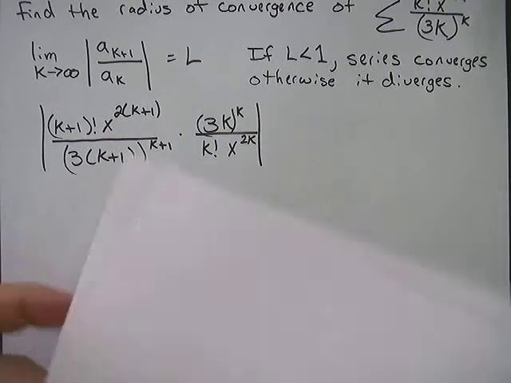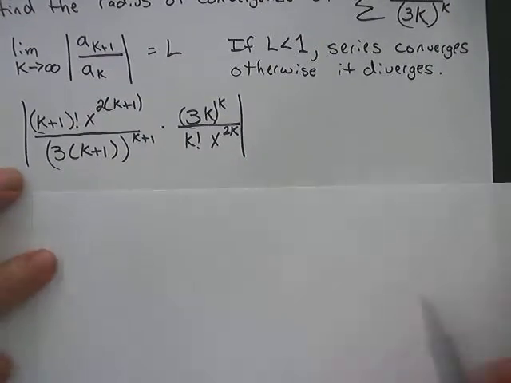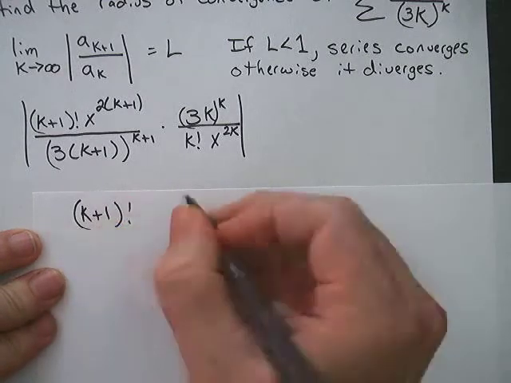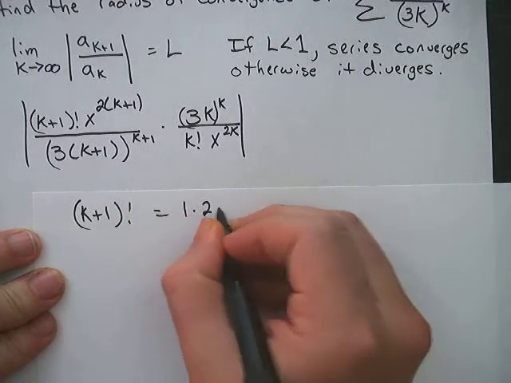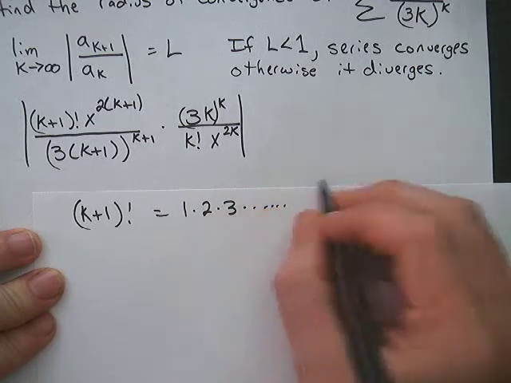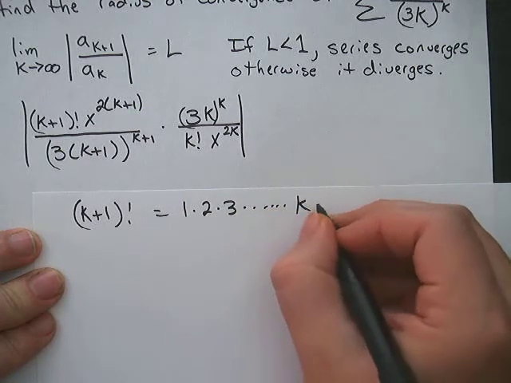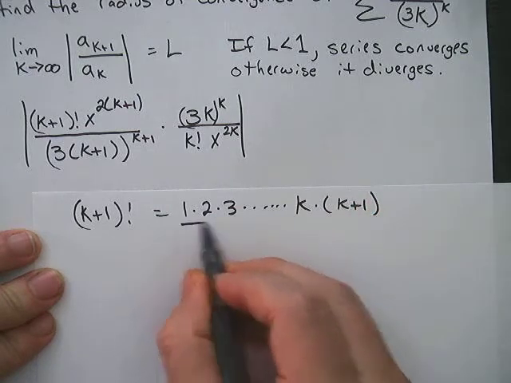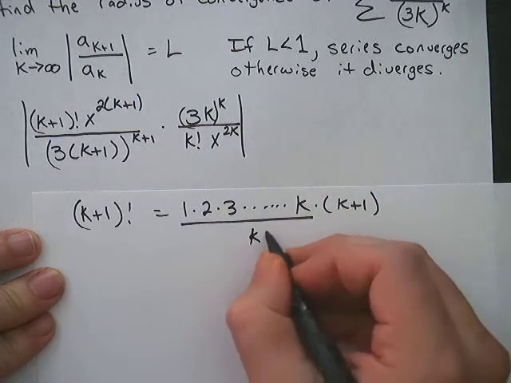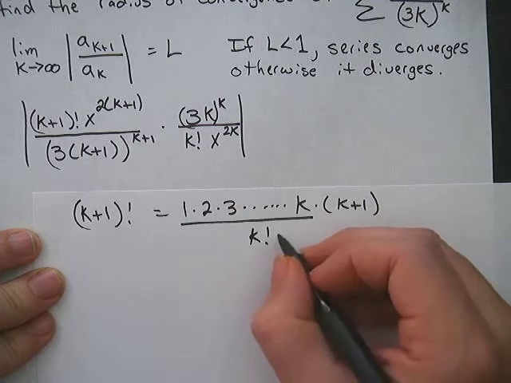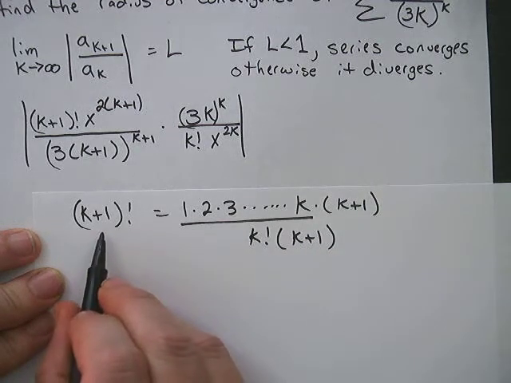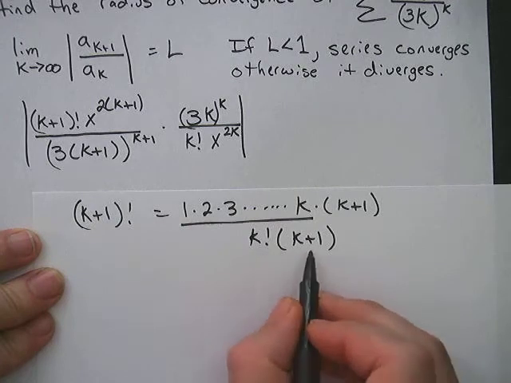Let me write that down. k plus 1 factorial is equal to 1 times 2 times 3 times dot dot dot times k plus 1. You can see right here, this is k factorial, and then times k plus 1. So k plus 1 factorial is equal to k factorial times k plus 1.